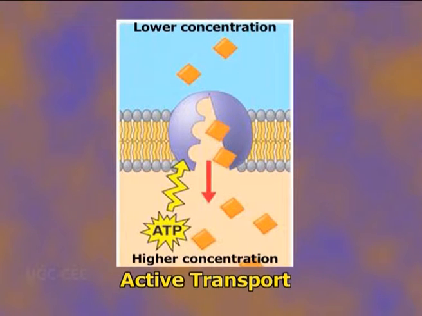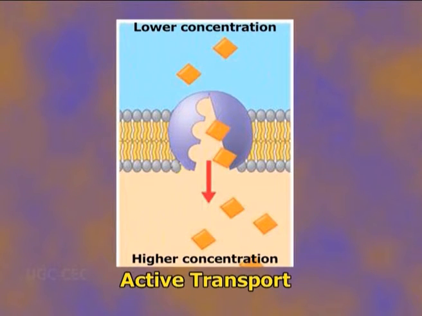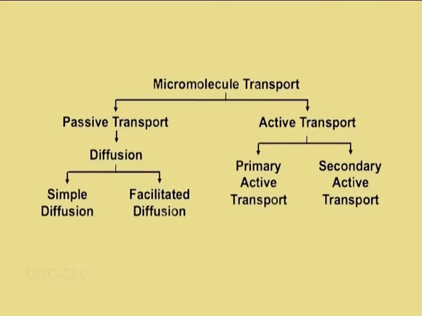Number 2, active transport, in which the transport of materials is across a membrane against an electrochemical gradient with the expenditure of energy. We will be studying each of these in detail, starting with passive transport.